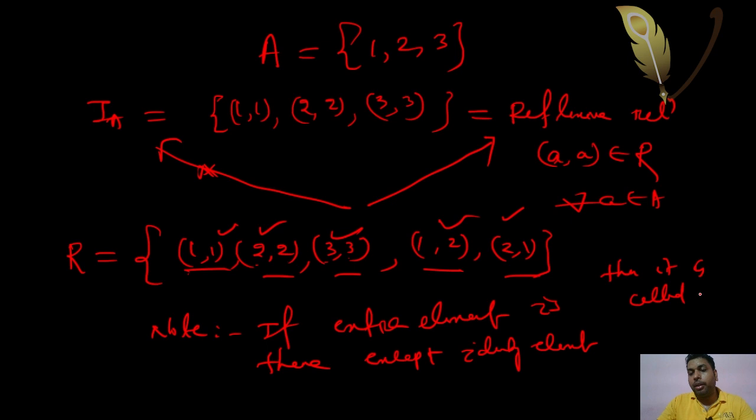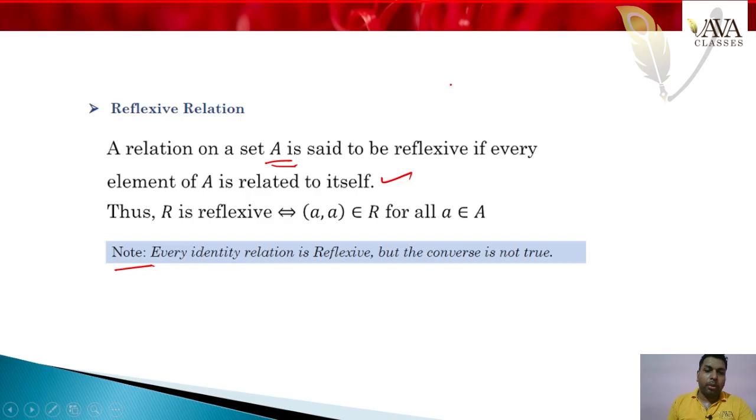So in case of reflexive, some extra element is there. In case of identity, there is no extra element, only (1,1), (2,2), (3,3), only identity mapping elements are there. Okay, hope you understand clearly.